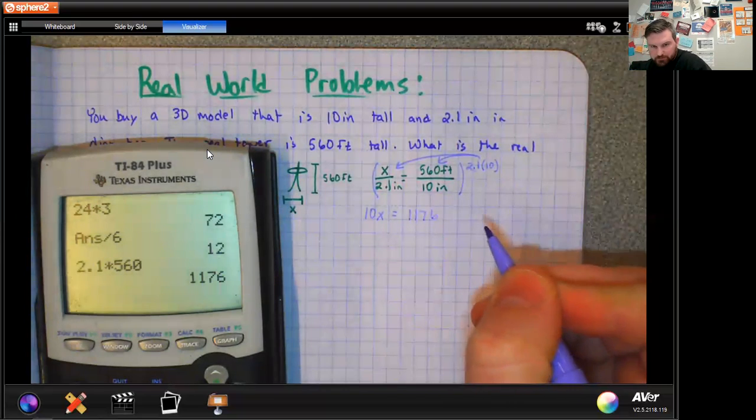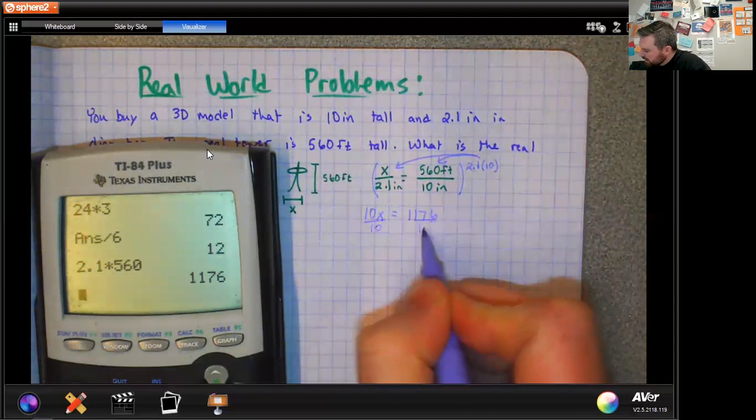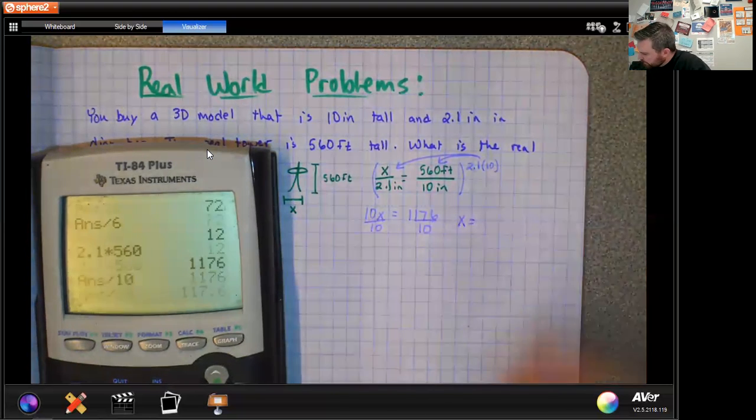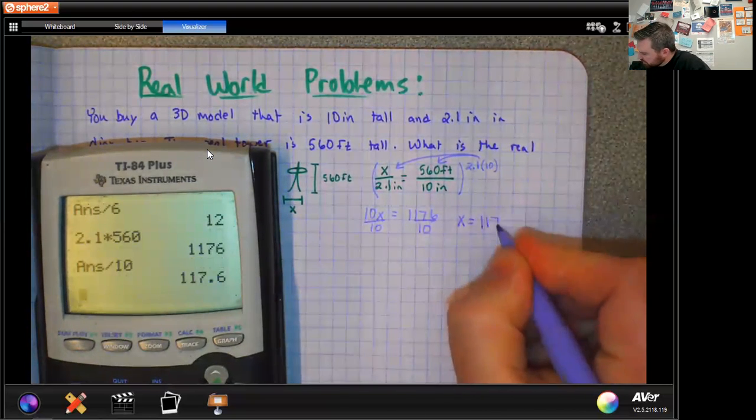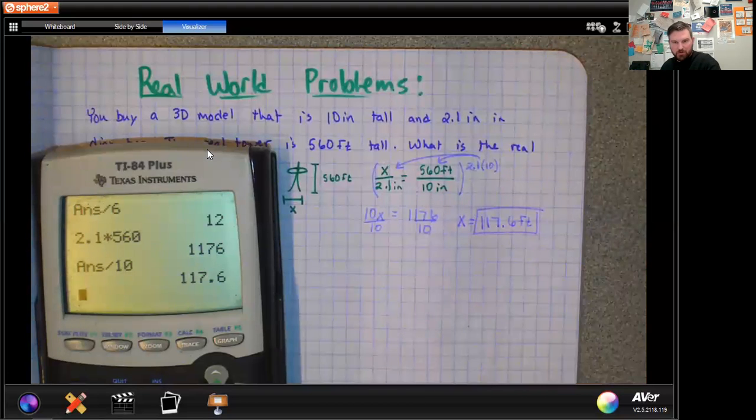Then we divide by 10, and x equals 117.6 feet. So in the real world, this thing has a diameter of 117.6 feet.